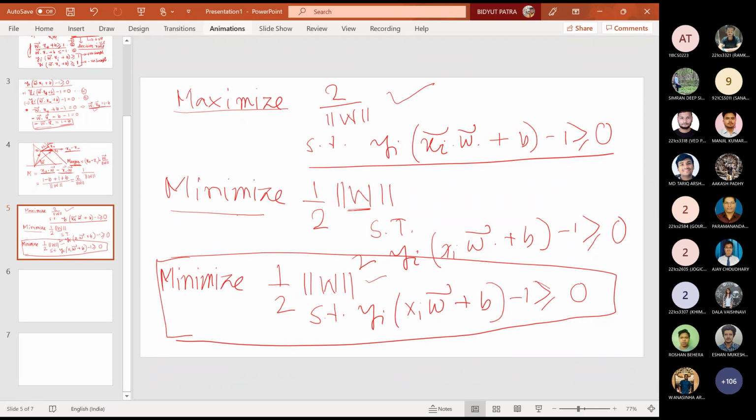There is something called Lagrangian optimization. So we need to handle that Lagrangian optimization, and for that we need to go through rigorous mathematics.